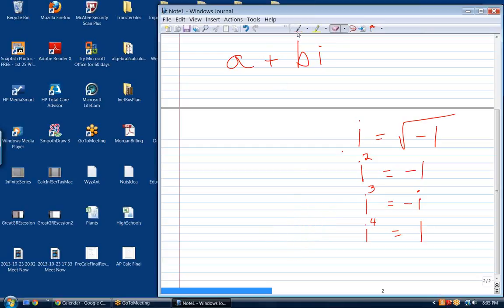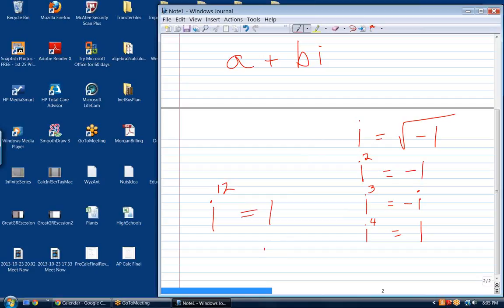So those are the first 4, and the reason I covered them is after that they start repeating. In other words, i to the 5th is the same as i, and i to the 6th is the same as i squared. So problems that they would ask you would be, what is i to the 12th equal to? 1.